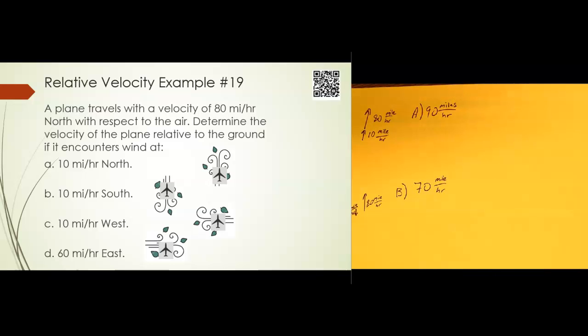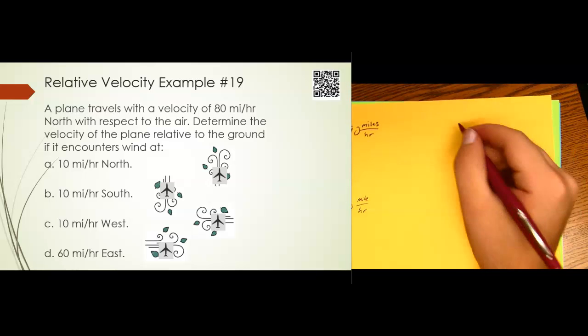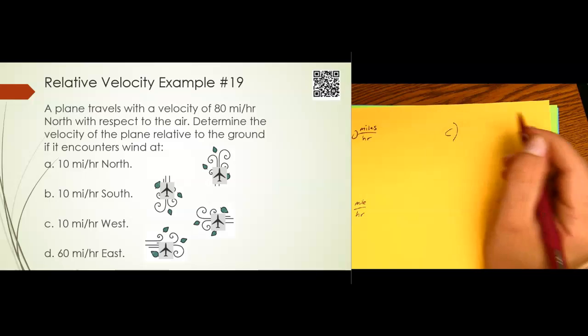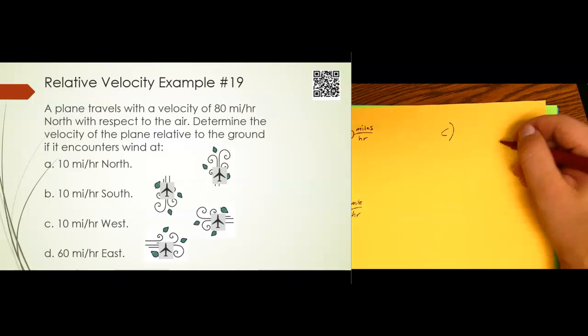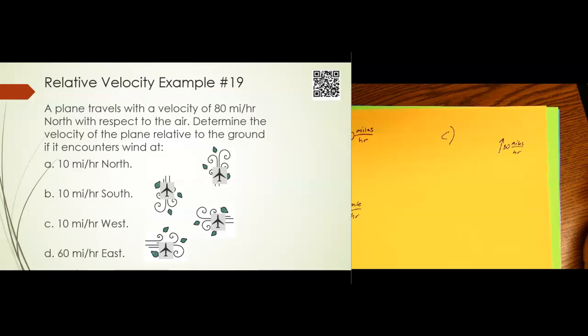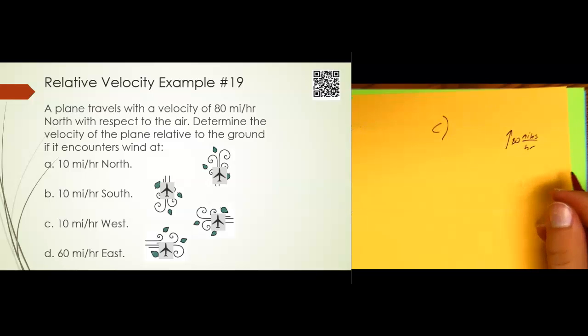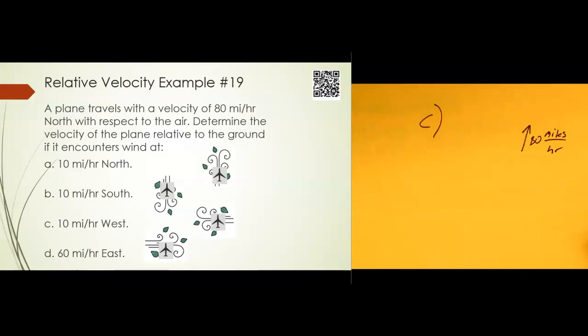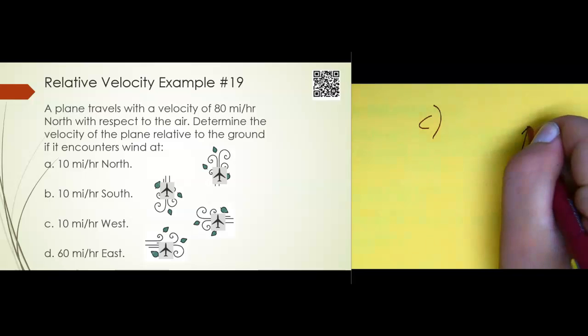So for C, once again, I am traveling 80 miles per hour north. I'm going to zoom in a little bit, it's kind of hard to read. 80 miles per hour north, and then it says 10 miles per hour west.